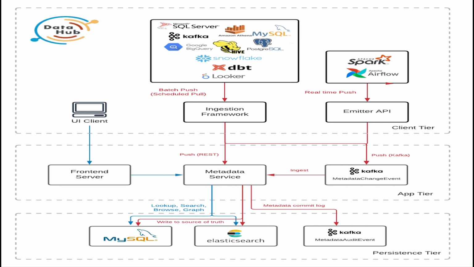Suppose you are running a Spark job, reading a file and writing into another file. It has three columns and it's just a simple read and write. In the Spark concept, there is a Spark listener.